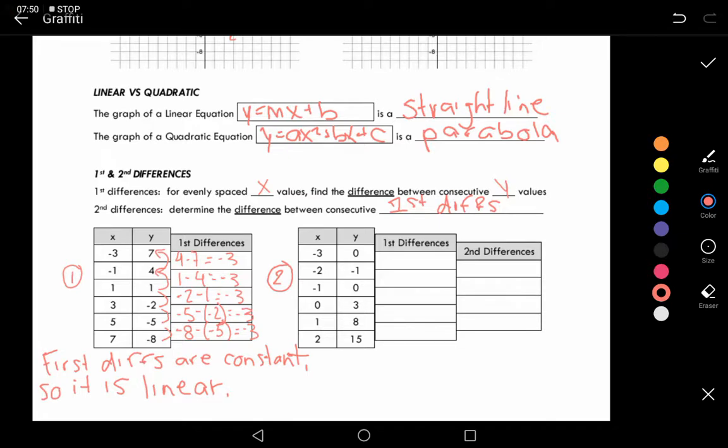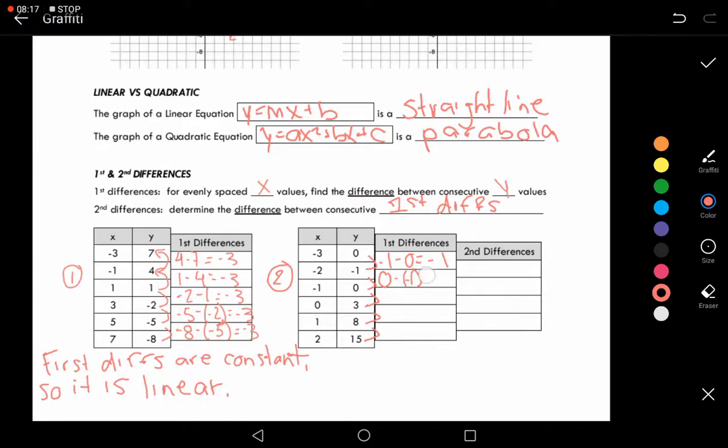So just like before for the first differences, you take the second, subtract the first, the third, subtract the second, etc. And I like to just make these little lines to indicate kind of what I'm subtracting. So the first one, I have -1 minus 0. That gives me -1. Then I have 0 minus -1.